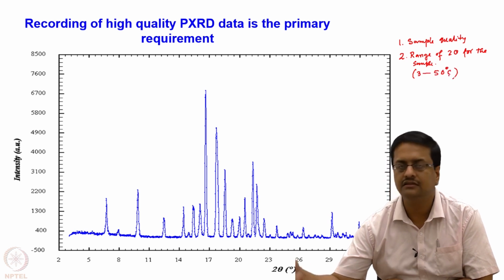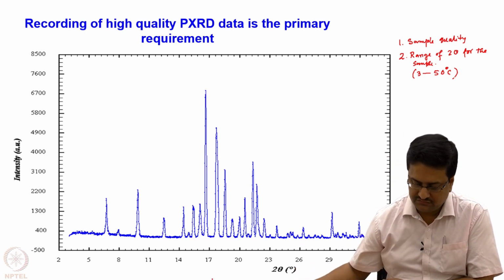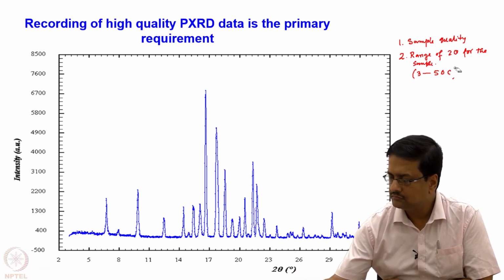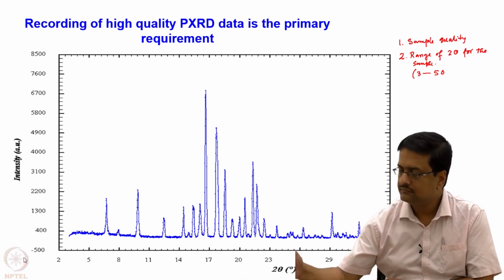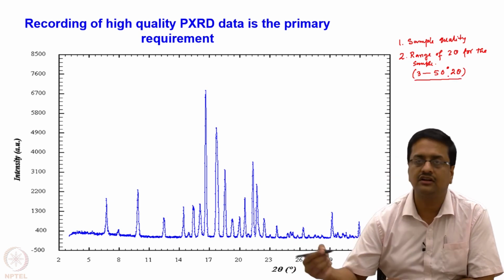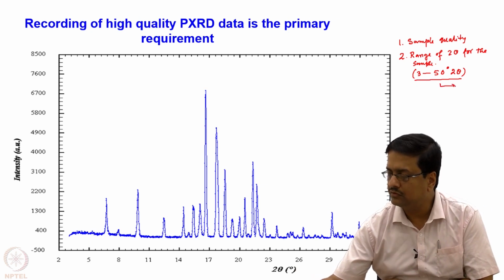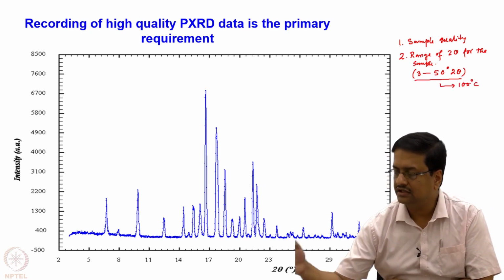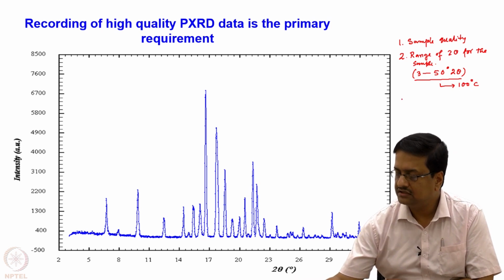In general, 3 to 50 degrees 2 theta is a common range for organic and organometallic samples, but for different inorganic materials, we may want to go to about 100 degrees in 2 theta, because there will be peaks at much higher angles as well. Then we decide the scan speed.